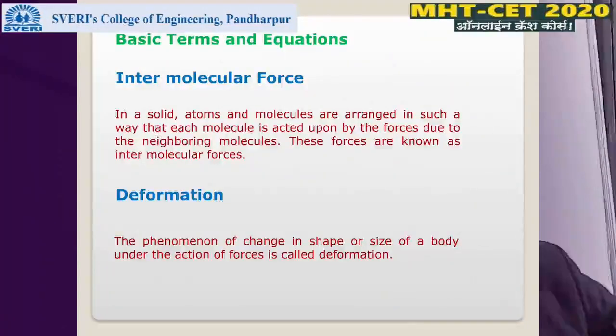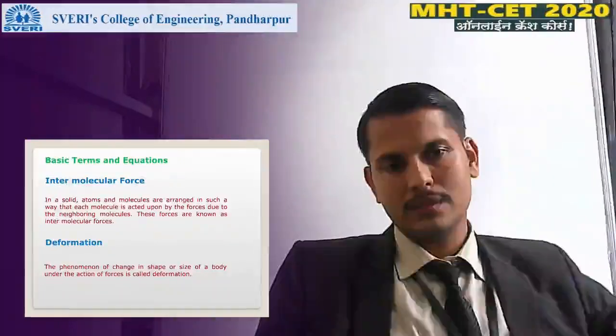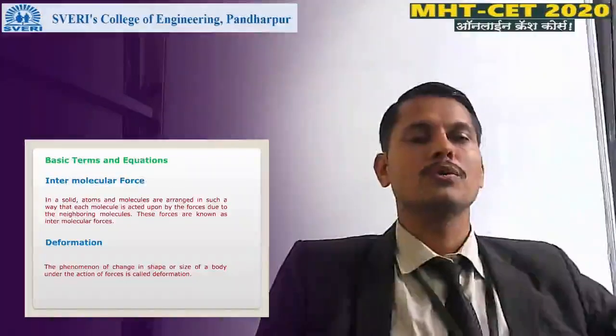As I have told, these are the basic terms and equations when we are considering elasticity. It is a property of a material that is elastic, and of course the opposite of that is plastic.